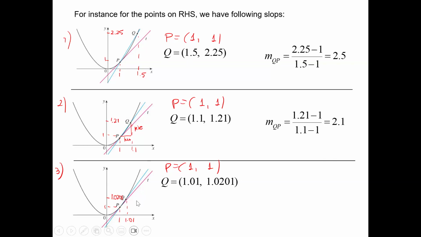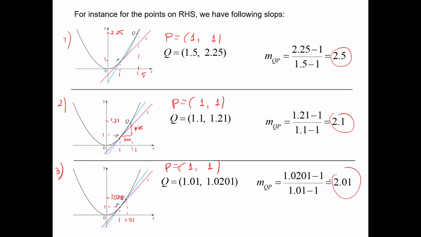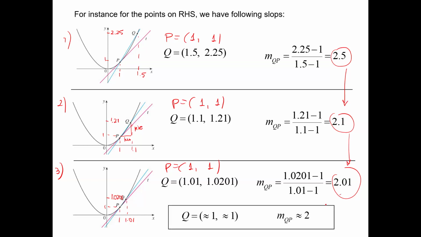And then we're getting even closer, and I compute the slope is 2.01. Looking at these numbers, you may guess that the slope of the blue line is 2.5, 2.1, 2.01. And if we go even closer, 1.0001, we will definitely approach a slope with the value 2.